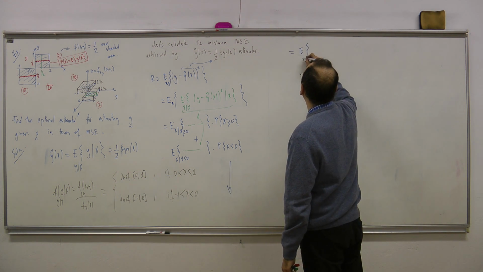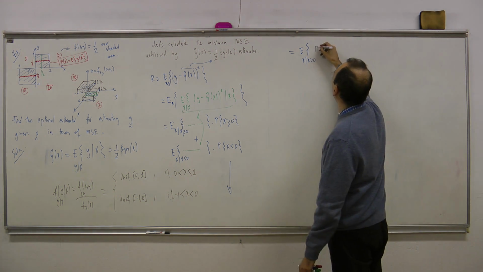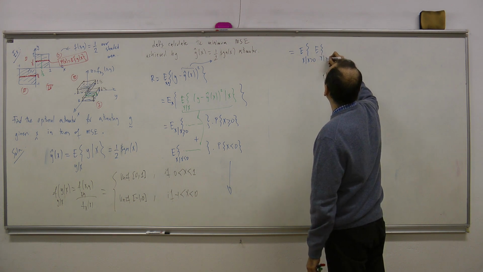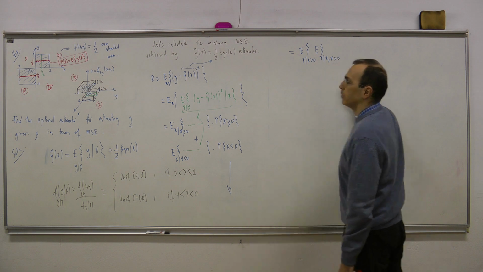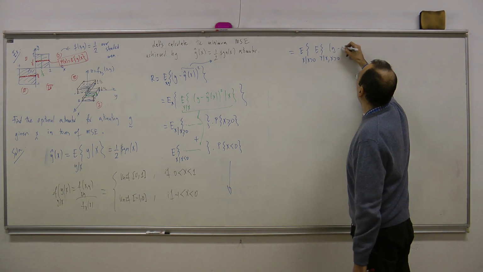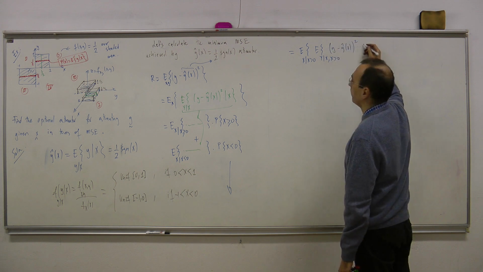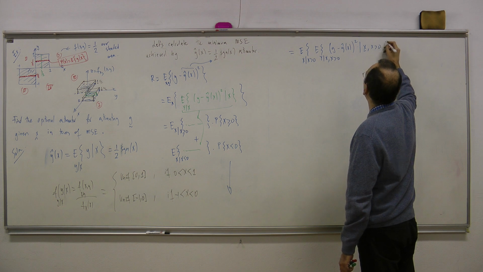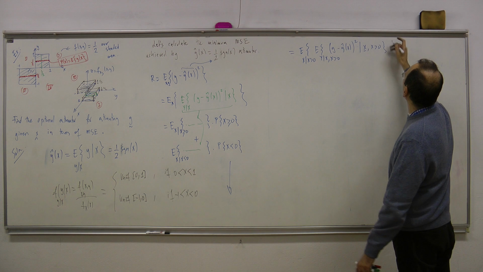Expected value of x, given that x is positive. So what do I have? Expected value of y given x, and I have another condition, x is positive. Y minus y hat of x, parentheses square, given x, and I know x is positive. Okay? This is closing this.